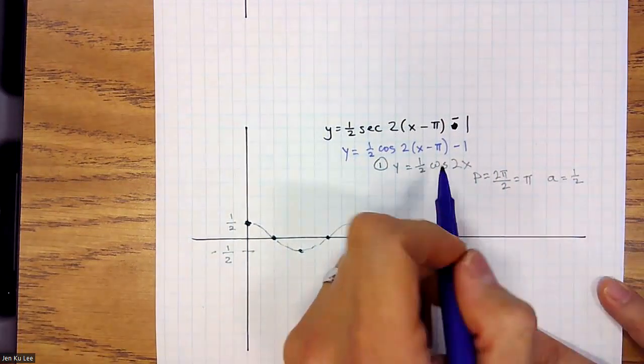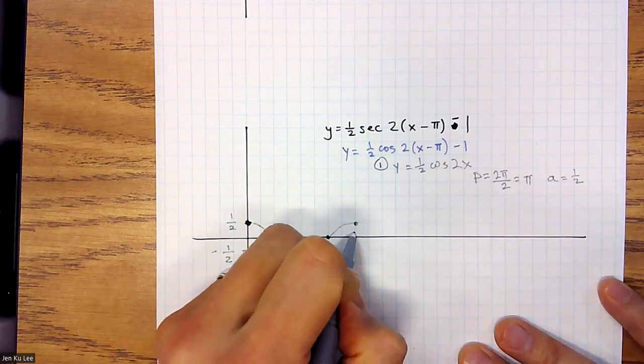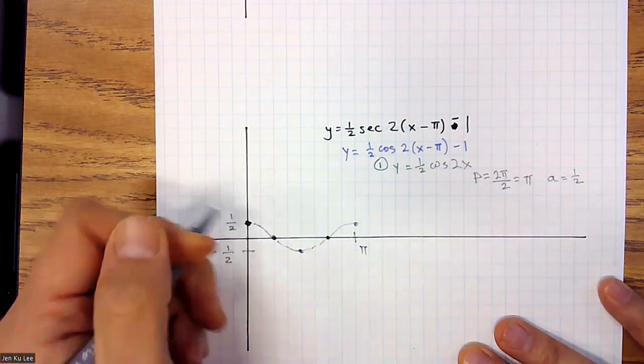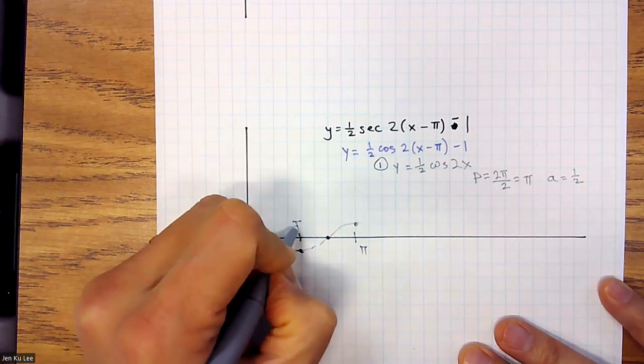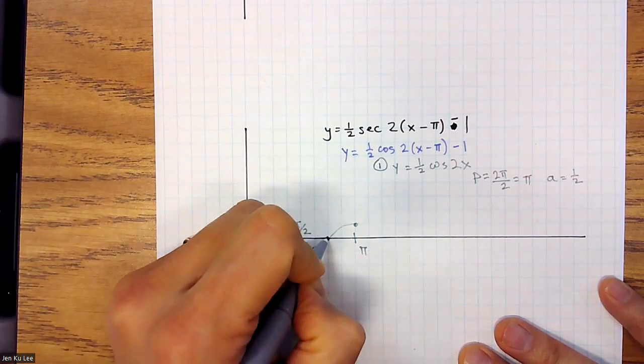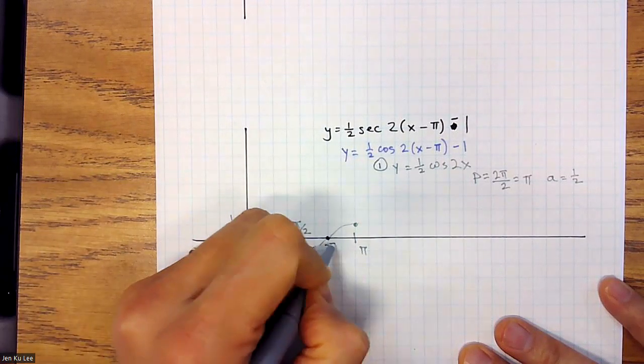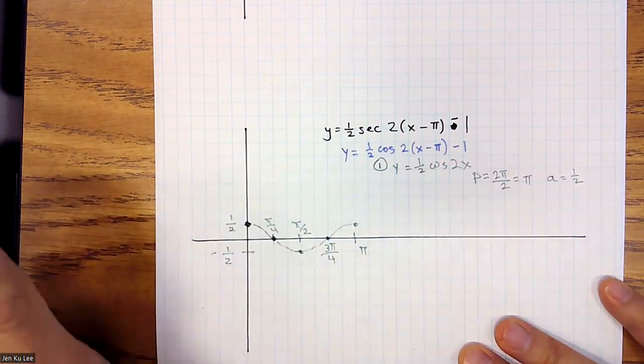Okay, if I wanted to add the minus pi, let's label my period first. That's pi. That's going to be pi over 2. Halfway between that is pi over 4. 1 pi over 4, 2 pi over 4, 3 pi over 4, and then pi, right?